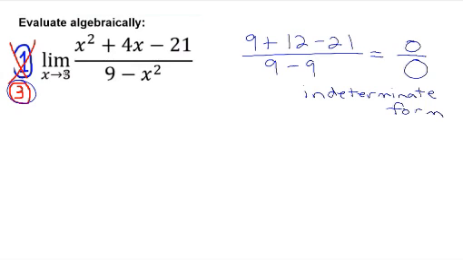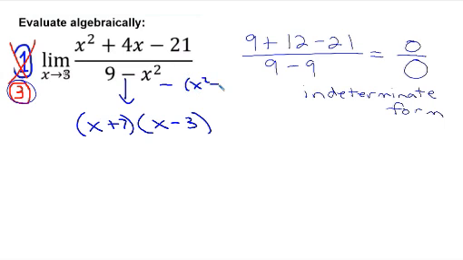So let's go to step 2, which is doing some algebraic factoring or manipulating. All right? So let's take this thing and let's factor it. The top will factor into x plus 7 times x minus 3. And does everybody see that if I take a negative out of this bottom, it becomes x squared minus 9?